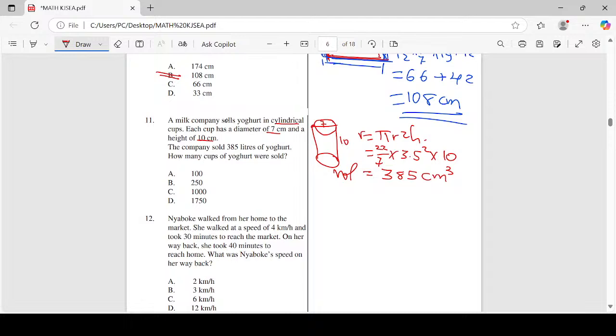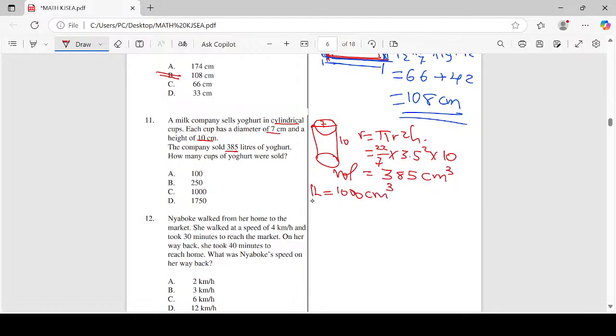Remember that this company sells yogurt in cylindrical cups. In a certain year, the company sold 385 liters of yogurt. We shift between liters and cubic centimeters. You know that 1 liter is equal to 1,000 cubic centimeters.